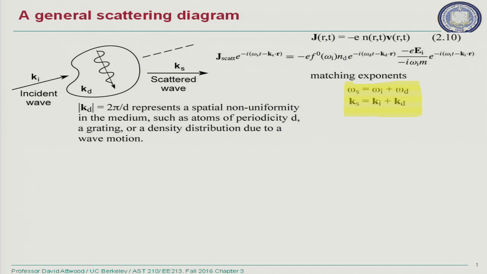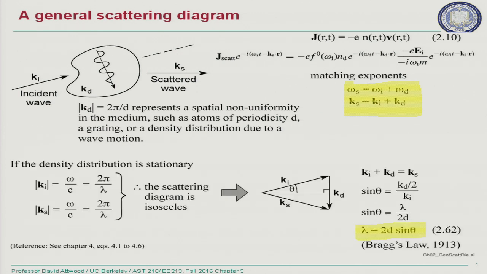We have an incident wave, some periodic thing with a certain wave vector of periodicity, and then some scattered wave. Basically, if you work through it, you get to Bragg's law, which relates the angle of this scattering with the period and the wavelength.